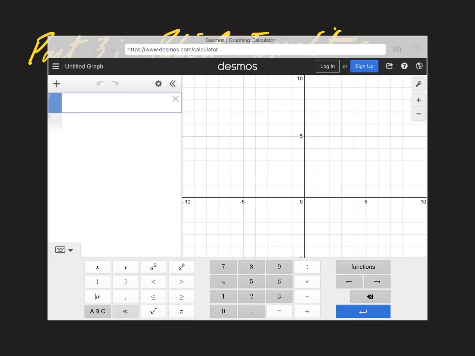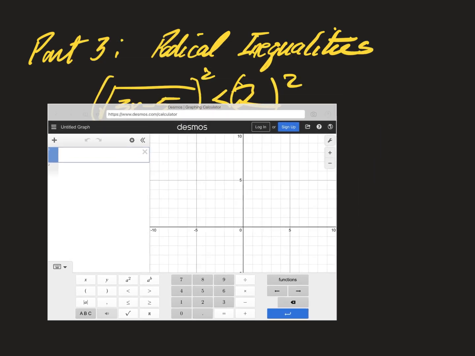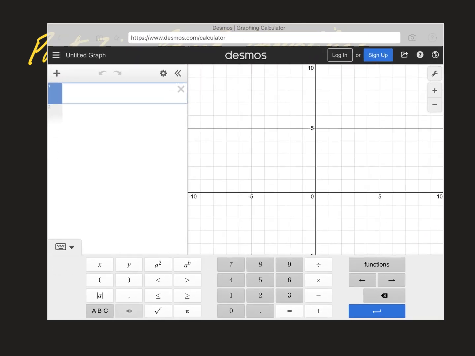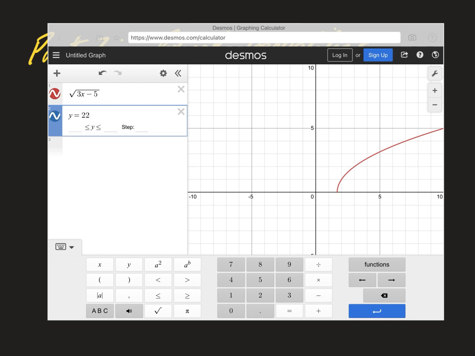The square root of 3x minus 5 is less than 2, so y equals the square root of 3x minus 5, and y equals 2.